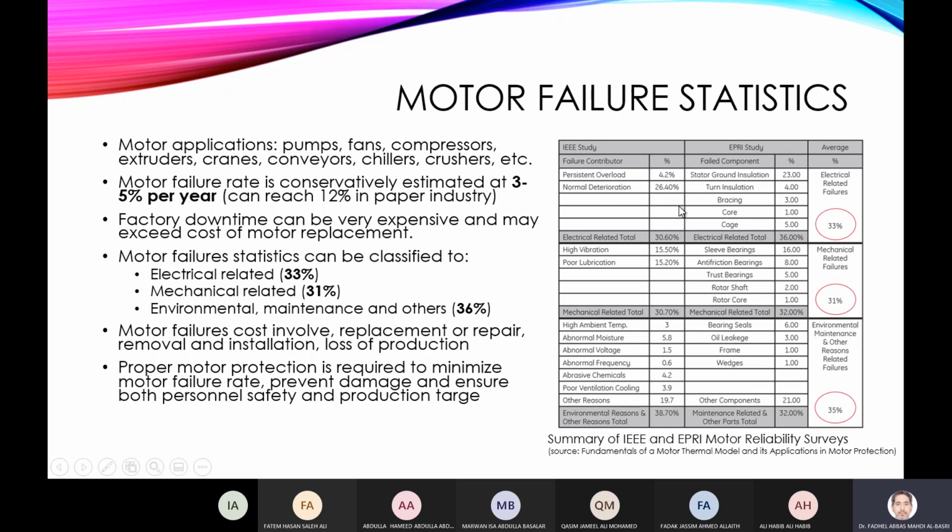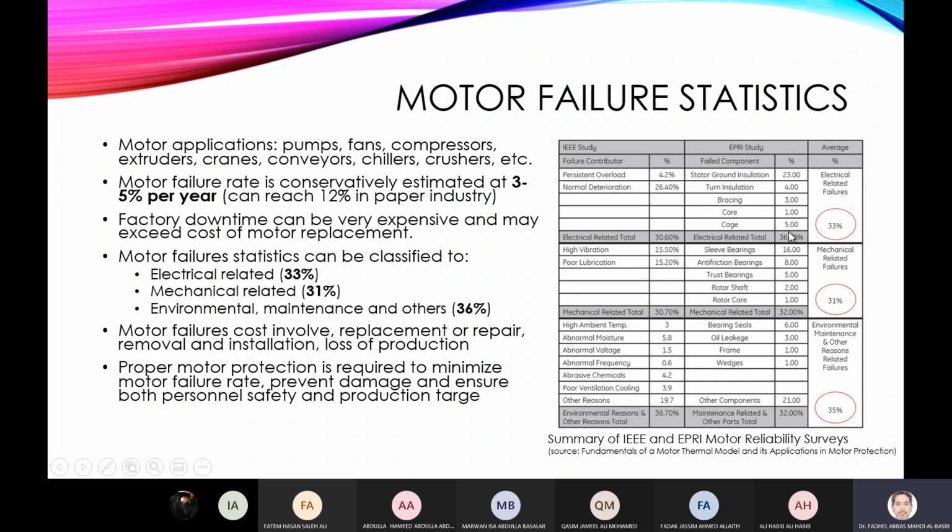The average of these two studies shows that almost one third of those failures is due to electrical related, another third due to mechanical related, and almost a third due to environmental and maintenance related issues.